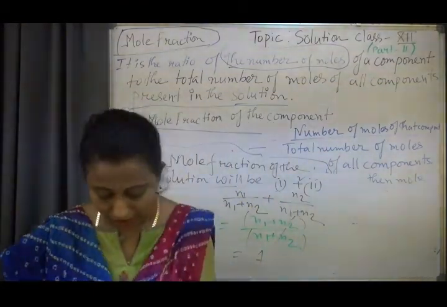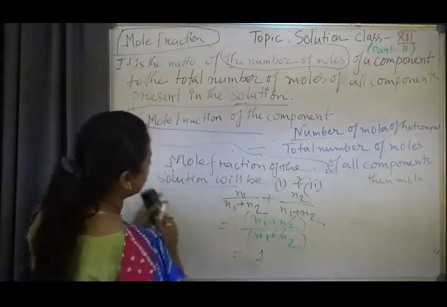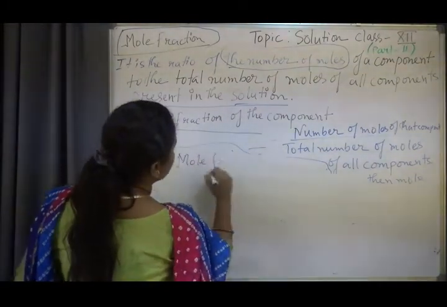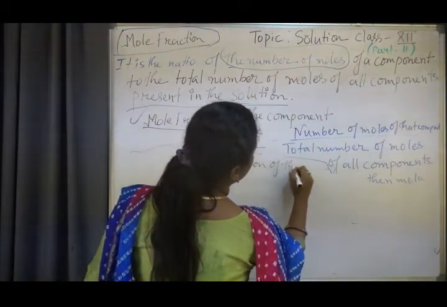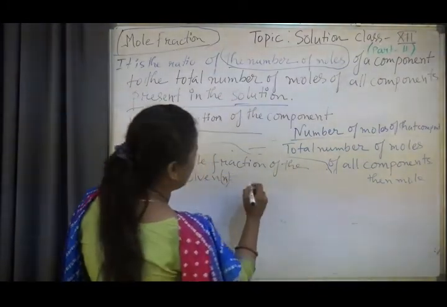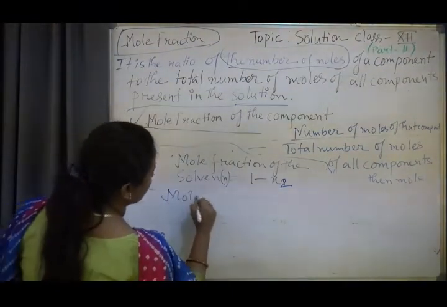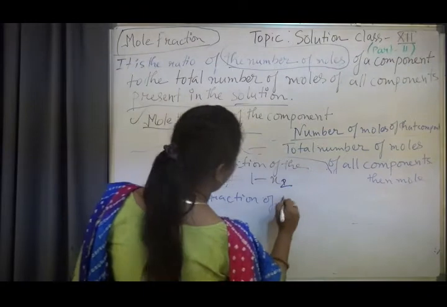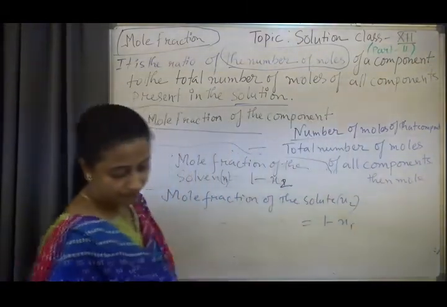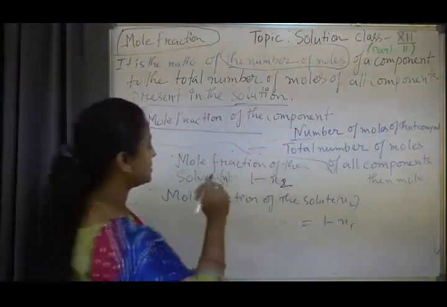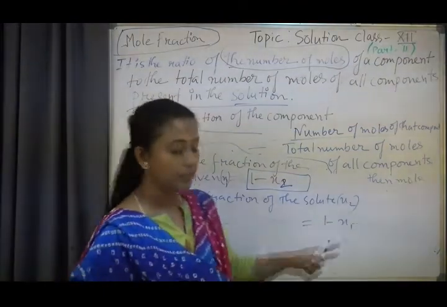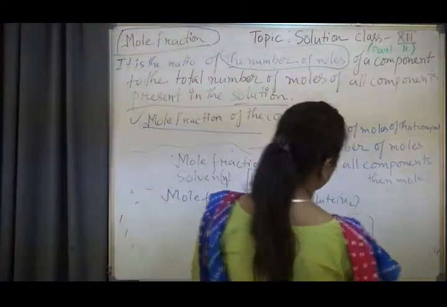Up to this, it's clear, I think. So the mole fraction of the solvent, x1, is equal to 1 minus x2, and the mole fraction of the solute, x2, will be 1 minus x1.